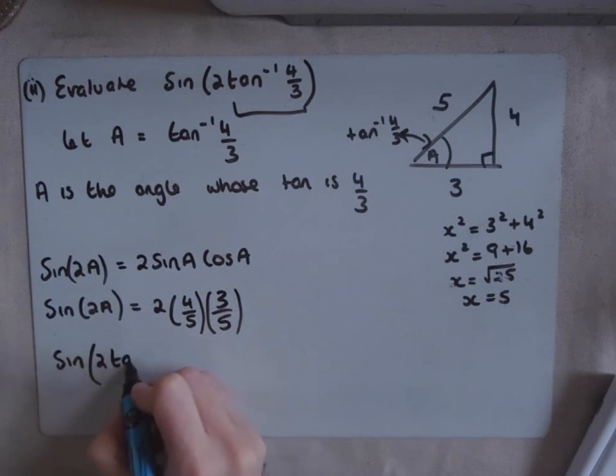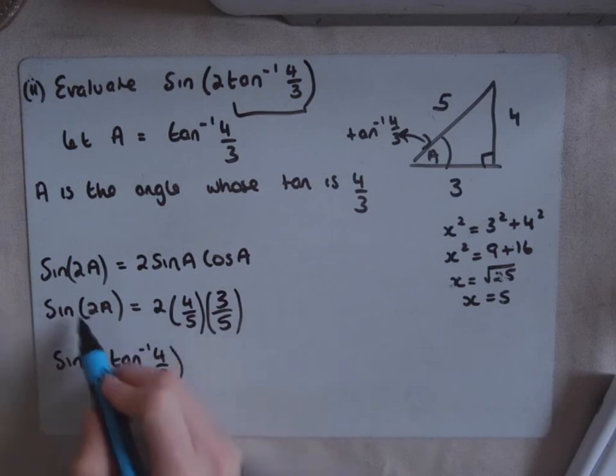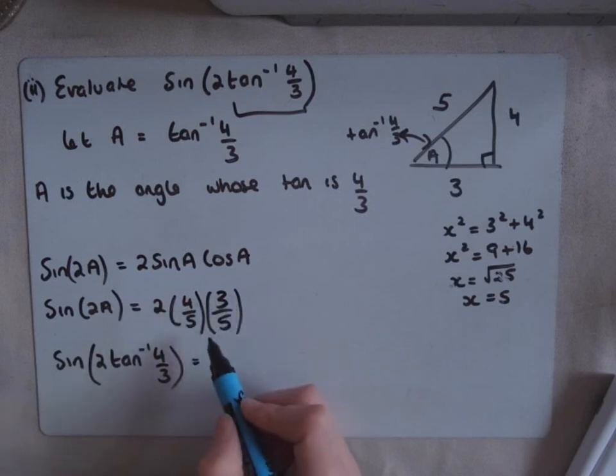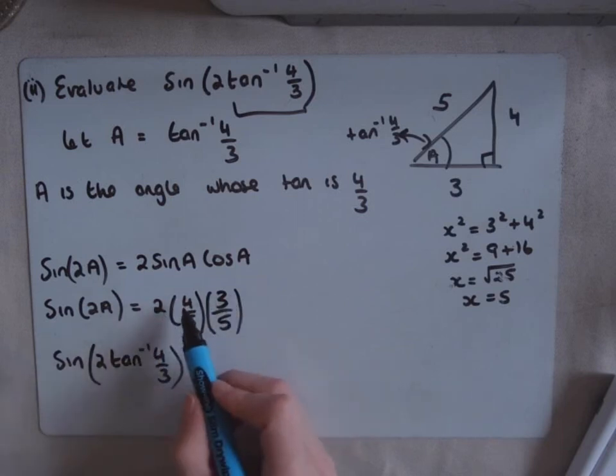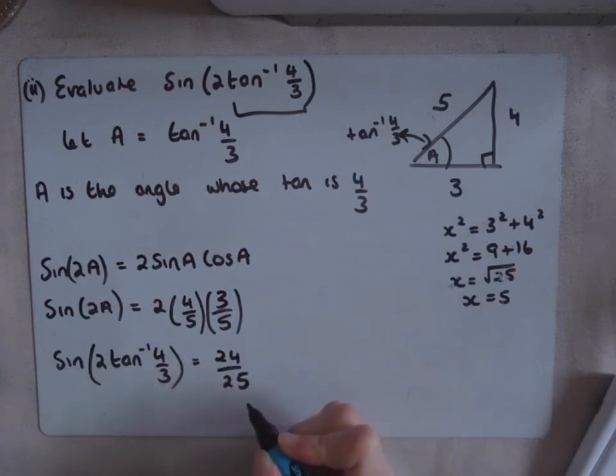Now, I'm just going back to the question because this is what they asked me to evaluate. I know that's 2a. And multiply the top by the top, the bottom by the bottom. And I get 2 by 12 is 24 over 25. So that's that evaluated. Okay.